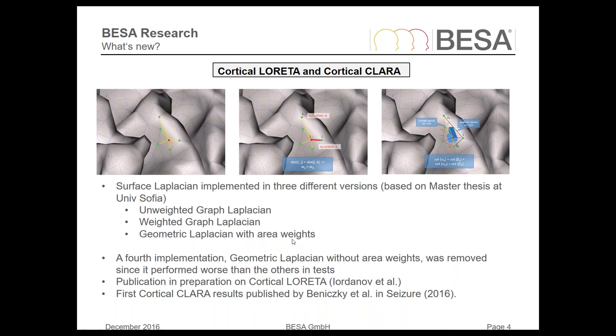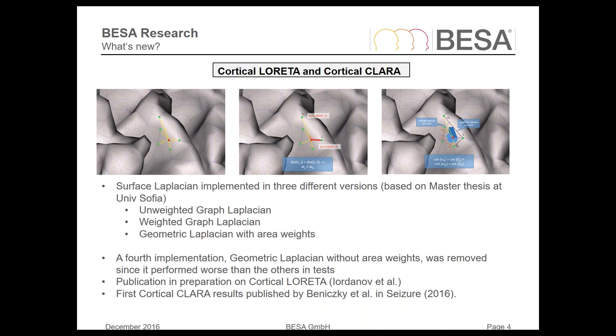And so the cortical Loretta method gives you a wide signal distribution of the cortex, and we are often interested in a focal result. So to achieve that, we implemented the cortical Clara. And cortical Clara uses a cortical Loretta as an input, and then it proceeds iteratively. In each iteration, the source space is reduced.